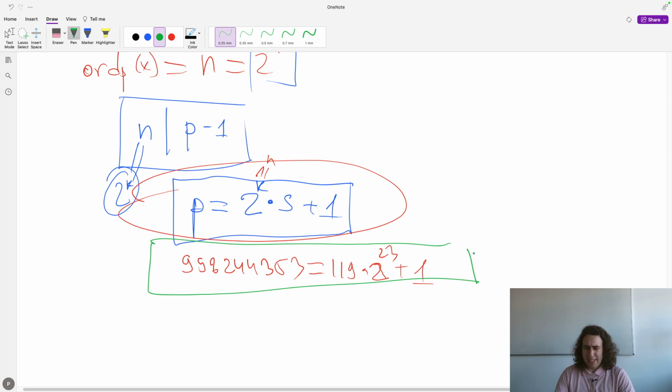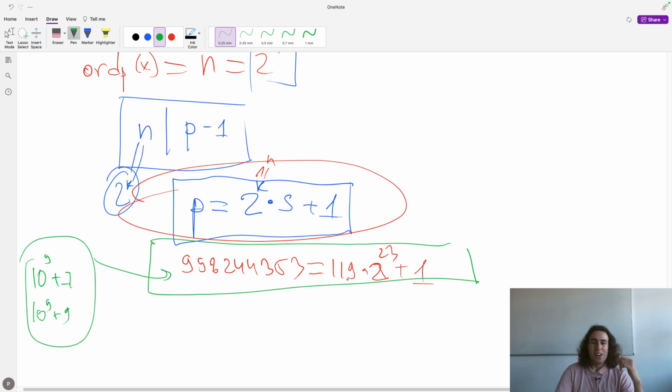Back in the days, like 8 or 10 years ago, it was kind of annoying that when you see this prime number in a problem, you know that it's probably a problem on FFT. Normally people used 10 to the 9 plus 7 or 10 to the 9 plus 9. And these numbers are not of this form, so you can't use them for FFT, for NTT.